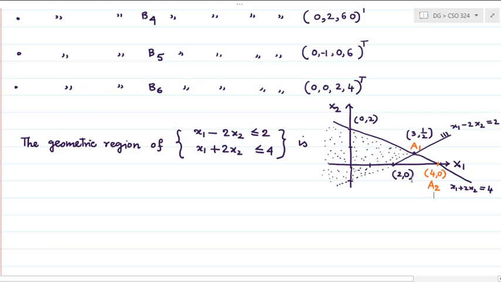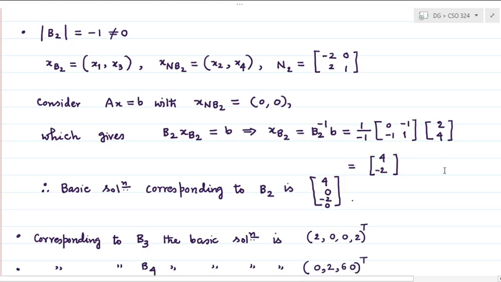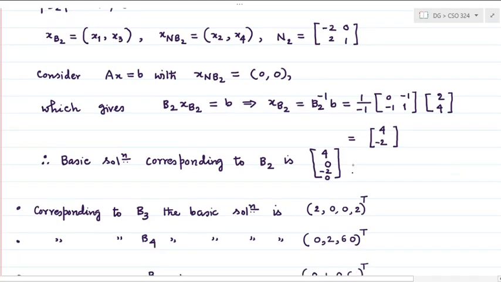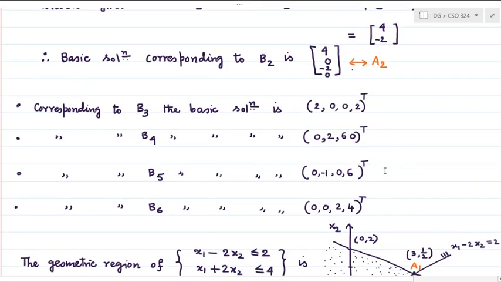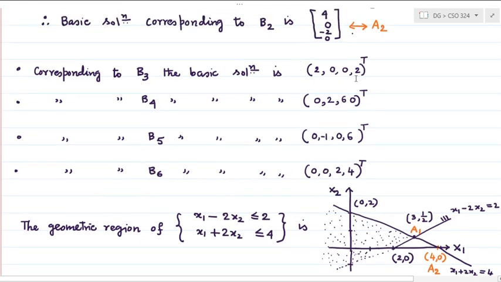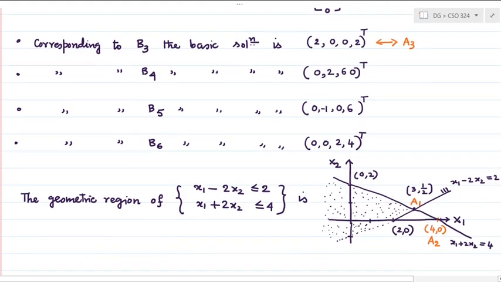We are denoting it by a2. Then in the x1 x2 plane you have 2 0, this is a3. So here is the location a3. Then you have 0 2 in the x1 x2 plane, this is your a4.